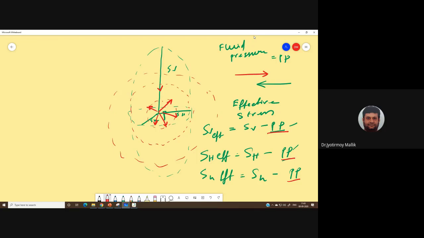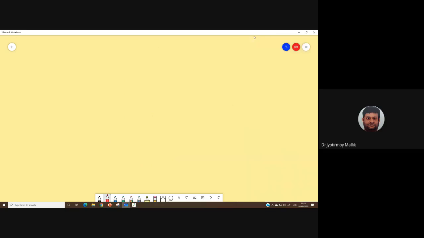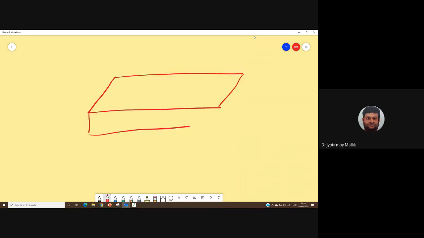Okay. Now let us say I have a piece of rock situated at a depth of 3000 meter. And on the top of it, three stresses are working.